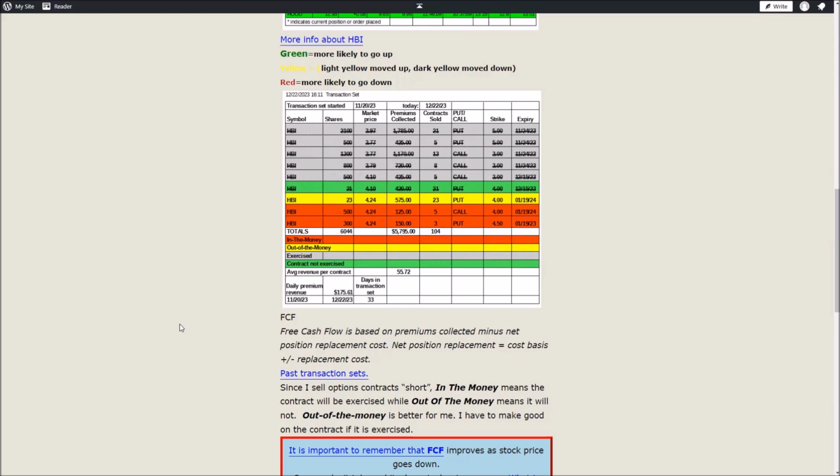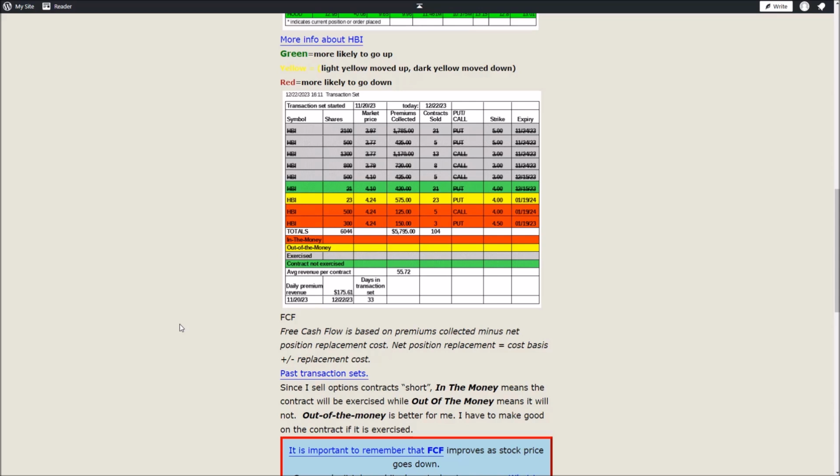But anyway, if you look at the premiums collected, I've collected $5,795. Well, that sounds like a tremendous amount of income for 33 days, and it is, but I've got to take away from that any capital losses I have.